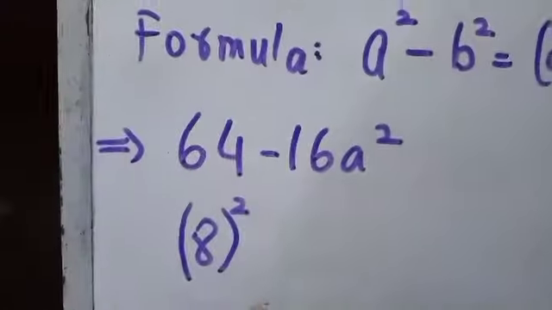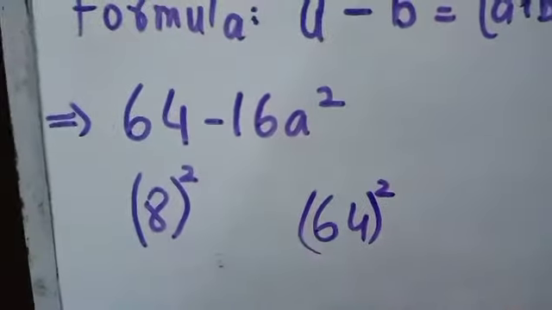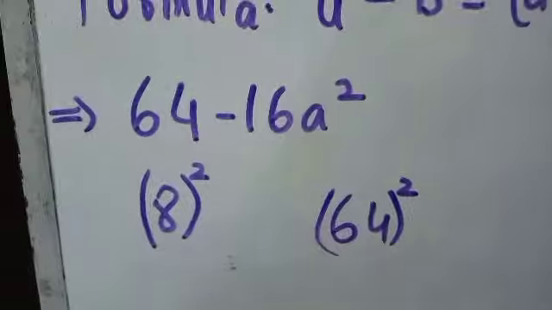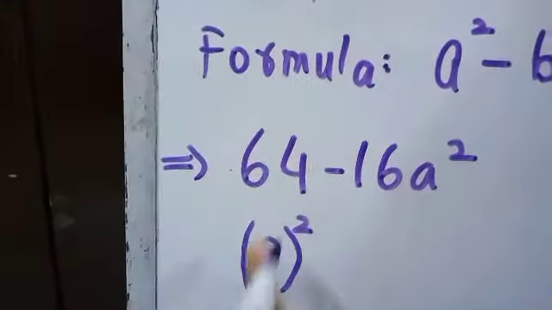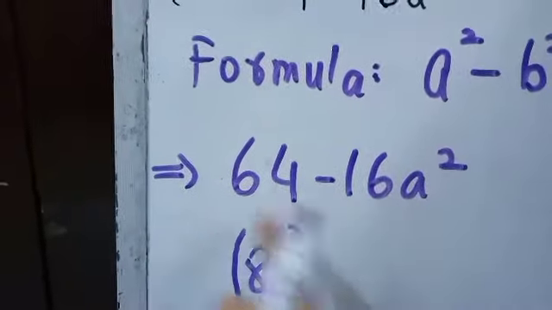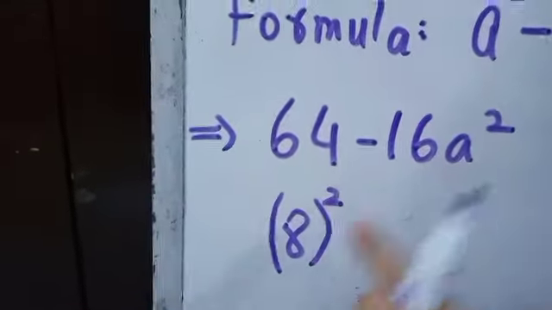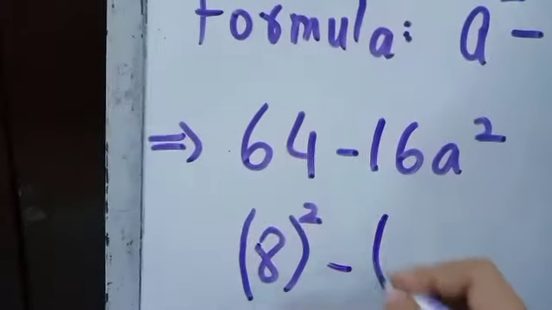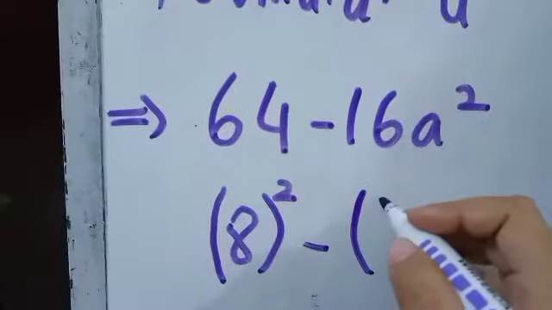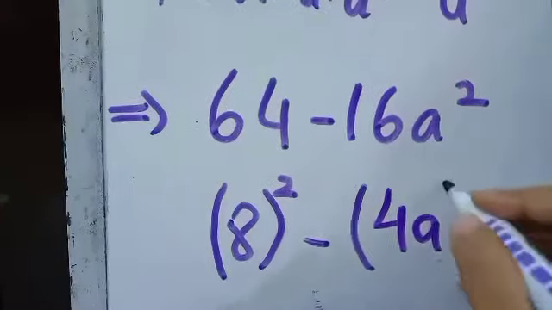Otherwise I cannot apply it. If I simply write 64 square, 64 square means 64 multiplied by 64, so this will become wrong. I have to find the square number for 64 so that my original question remains in its place. How? 8 8s are 64, minus the second term's square, the square number of 16, which is 4a square.